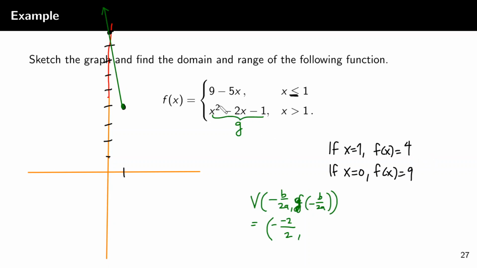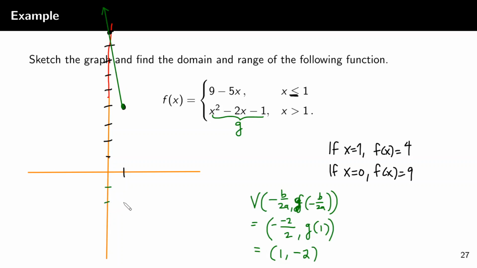We're using this expression x squared minus 2x minus 1 instead of 9 minus 5x. So g of 1 is 1 minus 2 minus 1, and that's negative 2. So, andito yung vertex ng parabola natin. So, 1, negative 2.